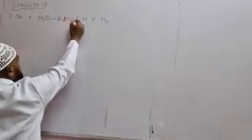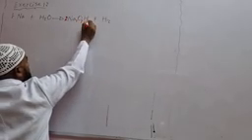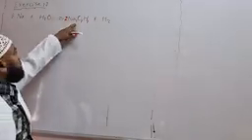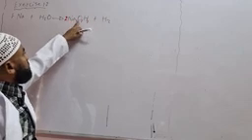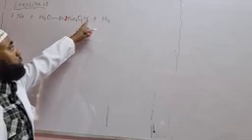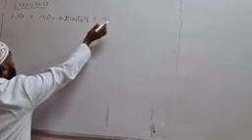Now the subscript of sodium is 1, that of oxygen is 1, and that of hydrogen is 1. Therefore, 2 times 1, 2 sodium, 2 oxygen, 2 hydrogen, and here also 2 hydrogen. So 2 plus 2, 4 hydrogen.